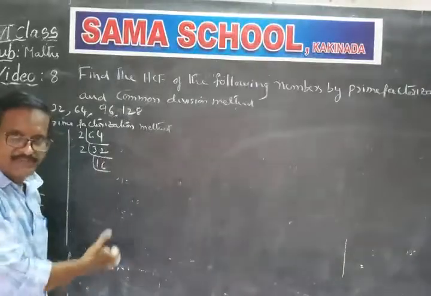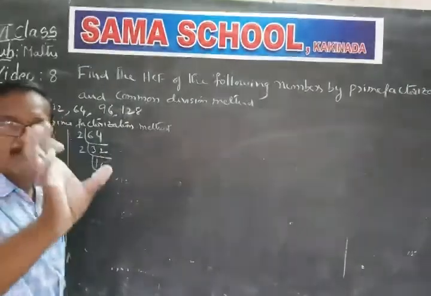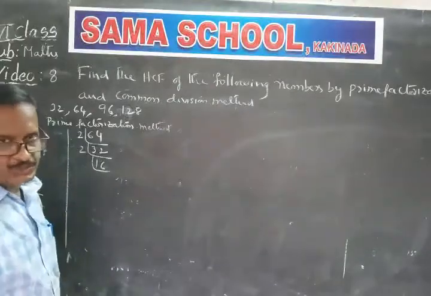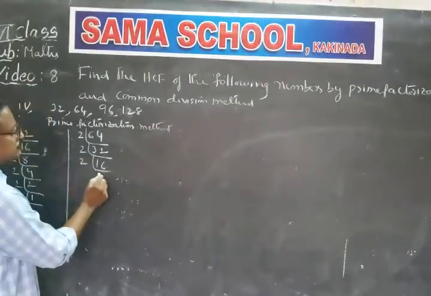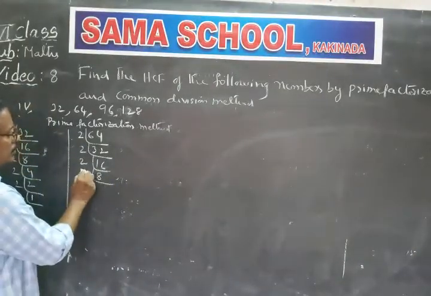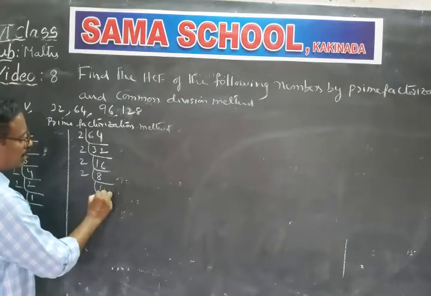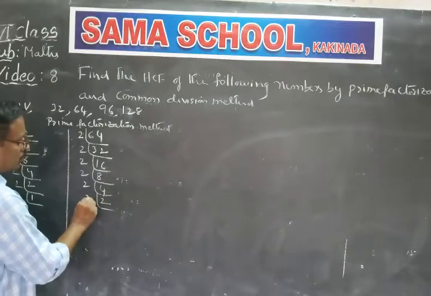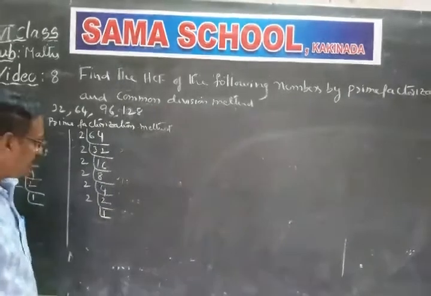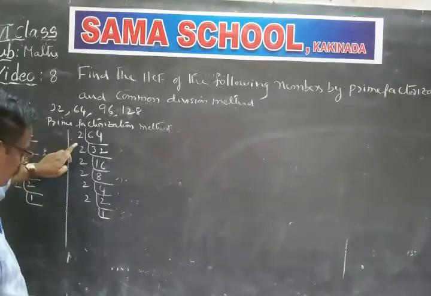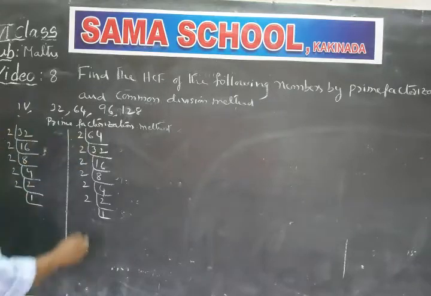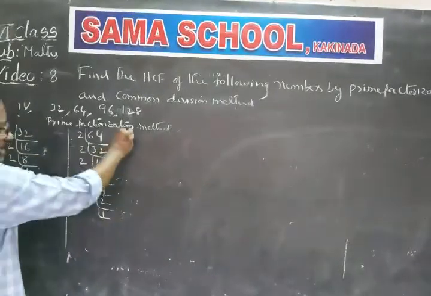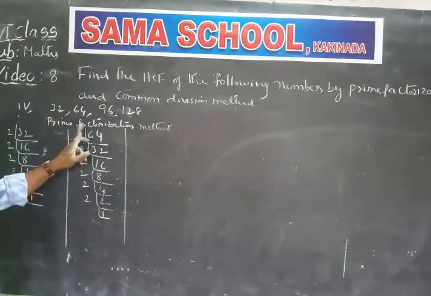To use the prime factorization method means you take prime numbers. 2 8s are 16, 2 4s are 8, 2 2s are 4, 2 1s are 2. This is the prime factorization of 64.